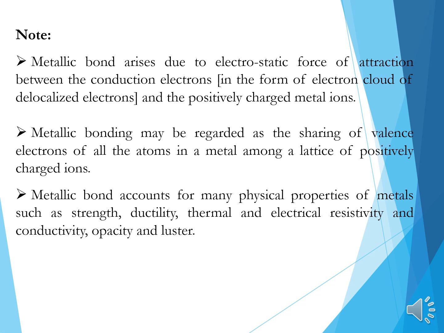And metallic bond accounts for many physical properties of metals such as strength, ductility, thermal and electrical resistivity and conductivity, opacity and luster. These are the important properties of metals which we can tailor.